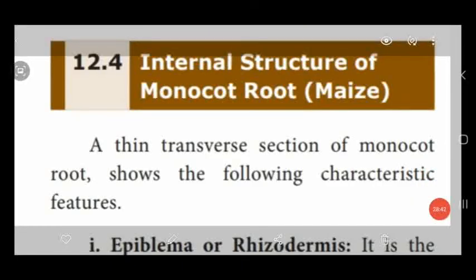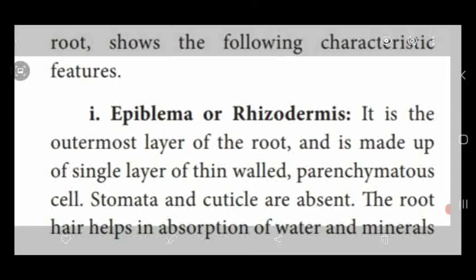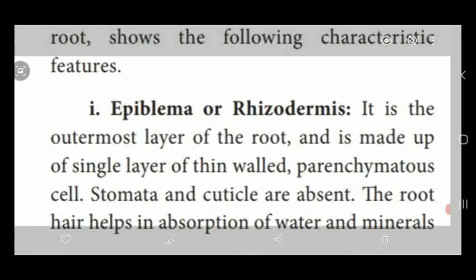Dear students, next one is the internal structure of monocot root. Example, maize root. Like dicot root, monocot root is also divided into the same regions, epidermis or rhizodermis. The same points: the outermost layer is called epidermis, made up of parenchymatous cells.